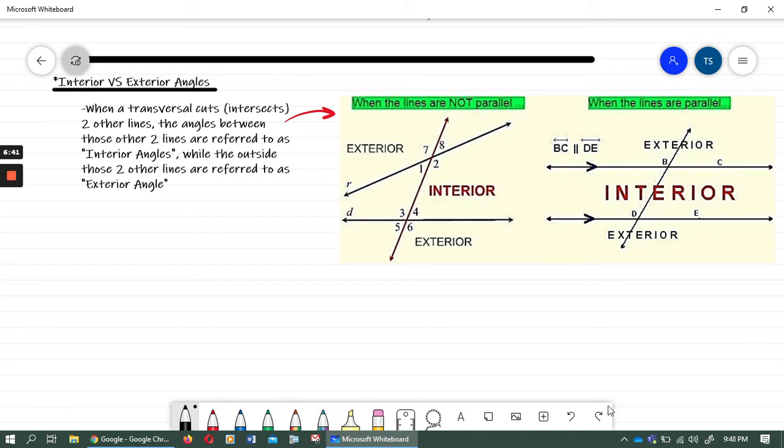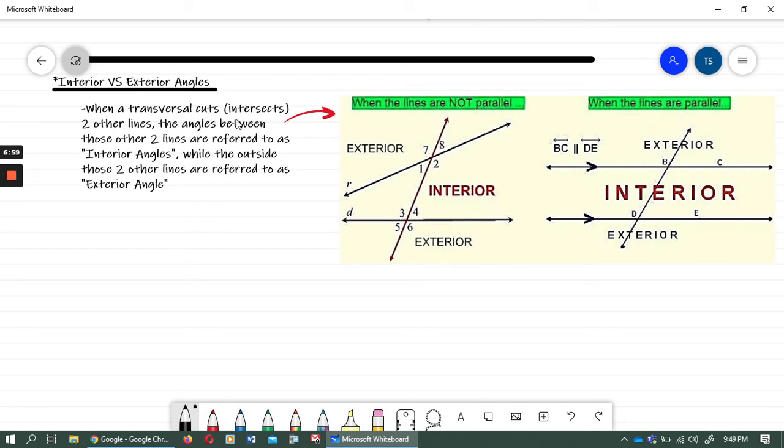It's very important. All right, so guys, when a transversal cuts two other lines, and when we say cuts in this particular context, we're talking about a transversal intersecting.